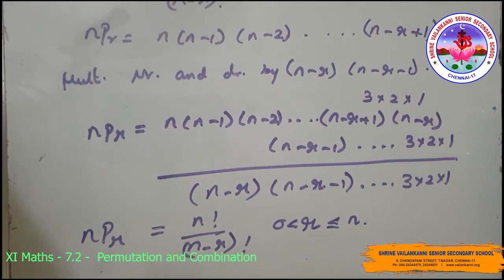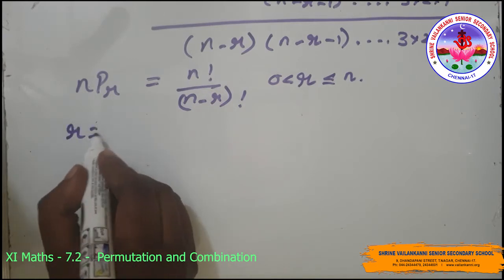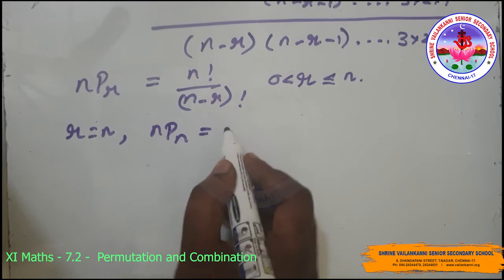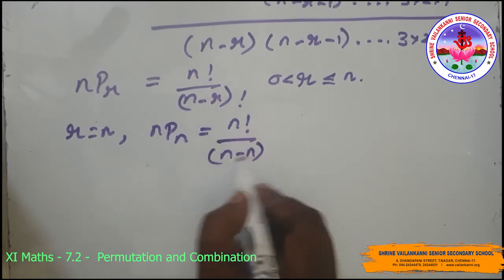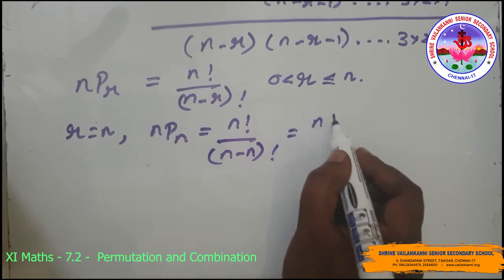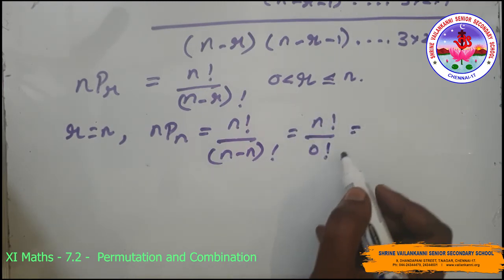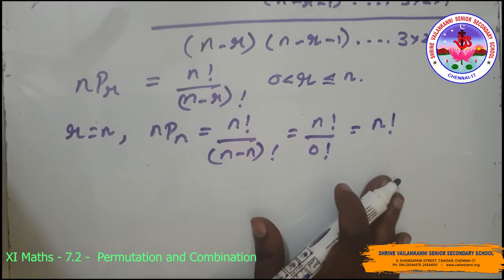In particular, when r equal to n, then this will become nPn, which is equal to n factorial by n minus n factorial, which is n factorial by 0 factorial. 0 factorial is 1, so n factorial by 1, which is n factorial.